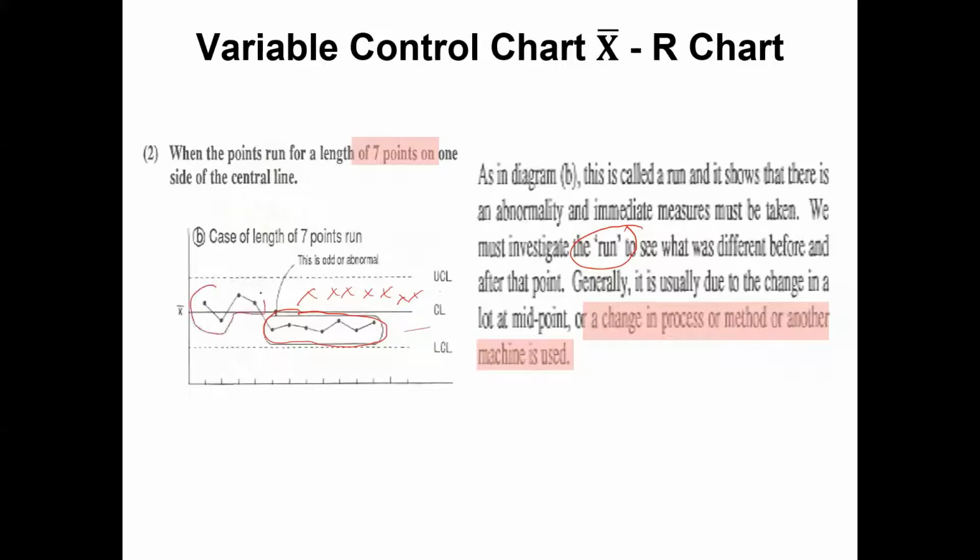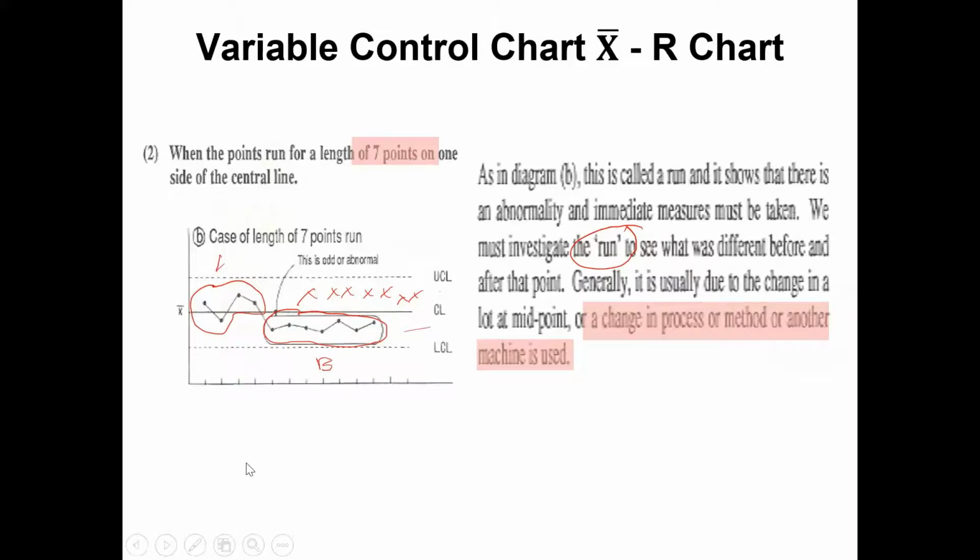Perhaps for the first 4 points here, the data was collected when the process was carried out by operator A or machine A. However, the subsequent 7 points, the process was carried out by a different operator or different machines or different methods. So the action required is quite similar to the previous rule: if this occurs, you need to compare with the previous setting. This is the second rule, run.